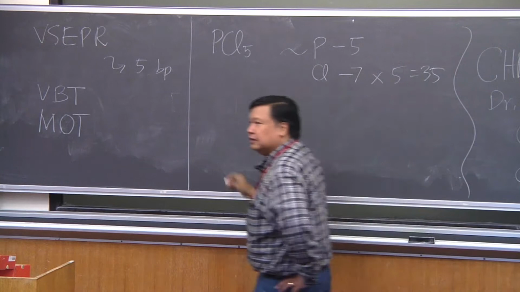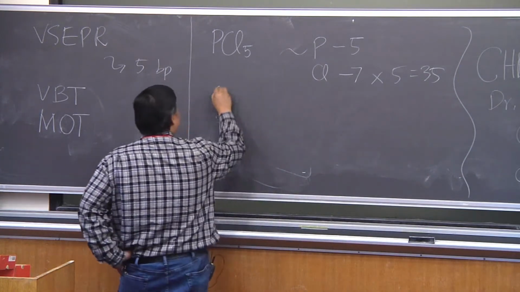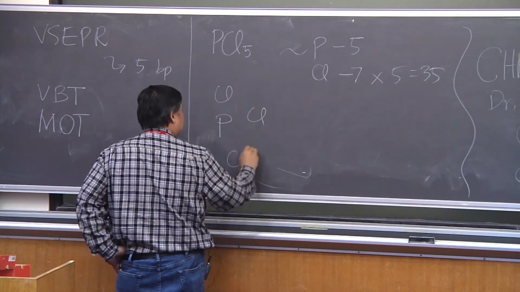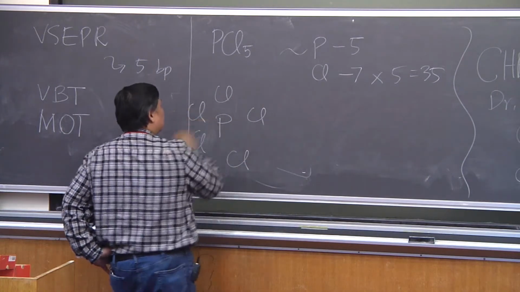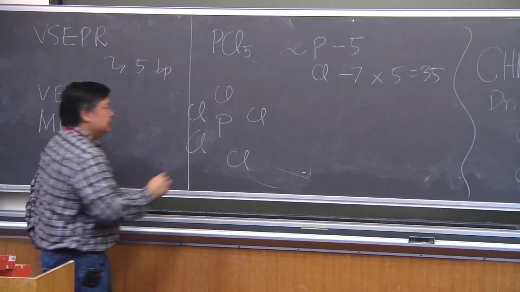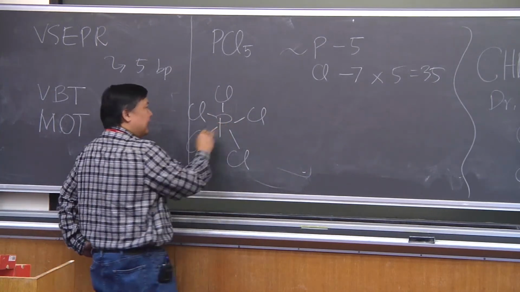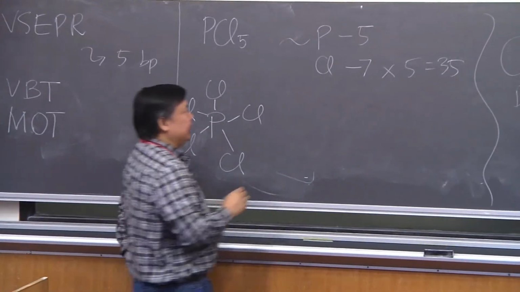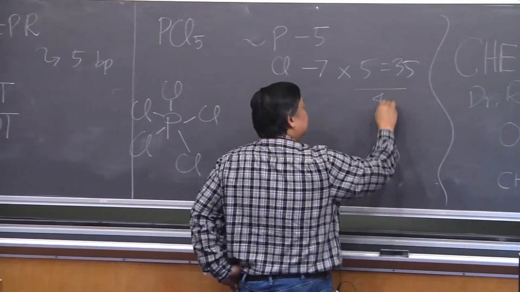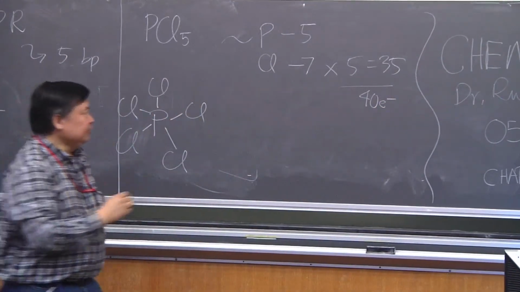So what do we do? You put the central atom, and then put the rest of the surrounding atoms. What do I do next? I'm going to put bonds: 1, 2, 3, 4, 5. So how much did I take away? From a total of 40, I took away 10.